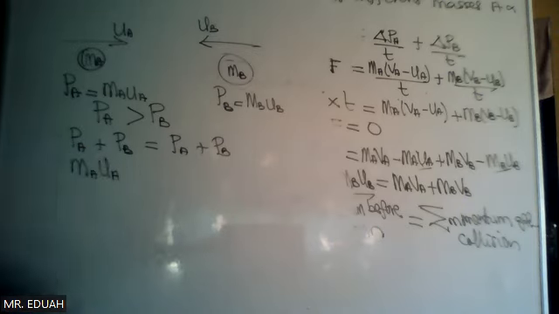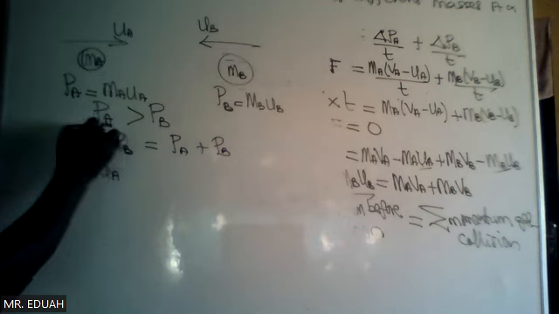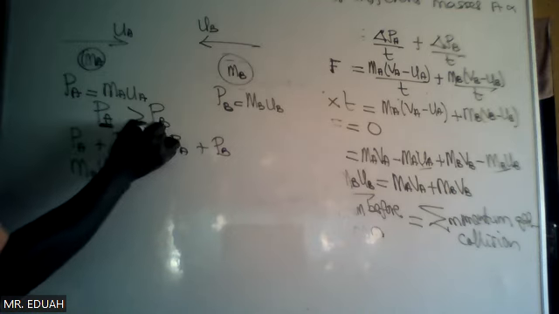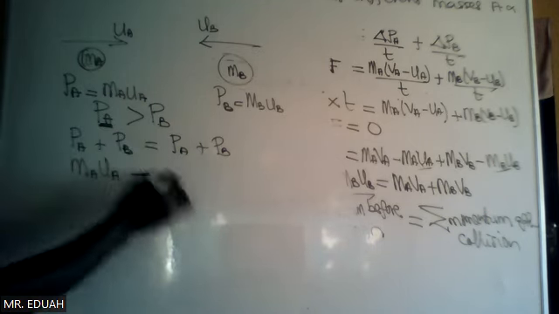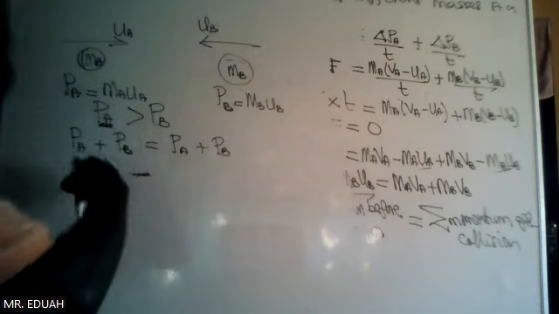So if you are assuming that the momentum of A is greater than the momentum of B, then we negate the momentum of B because it is in the opposite direction.